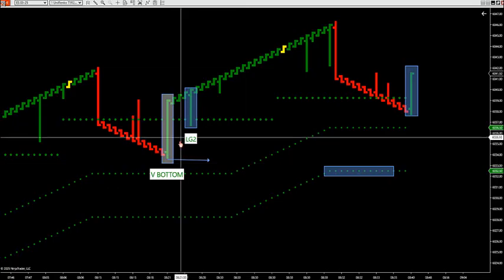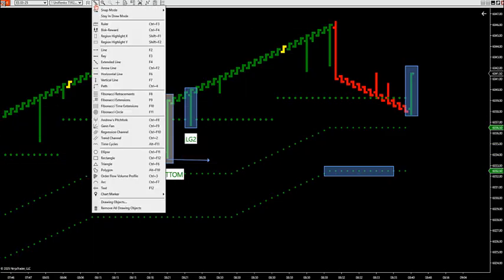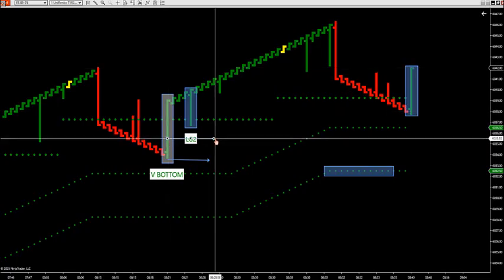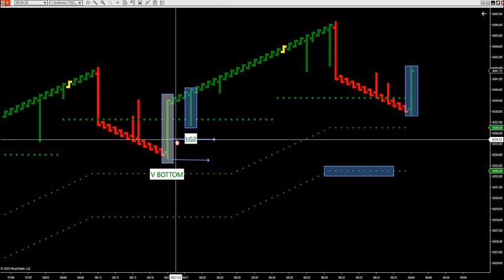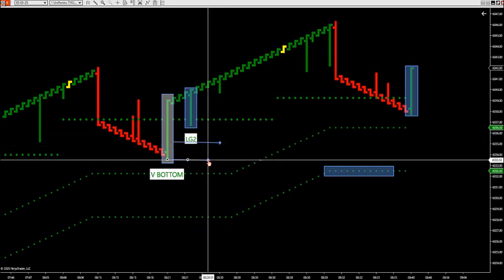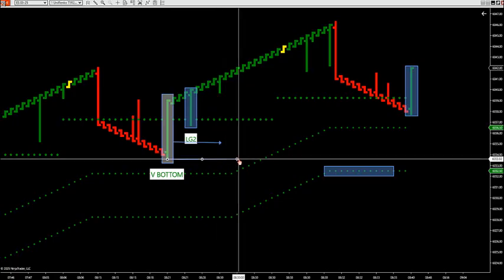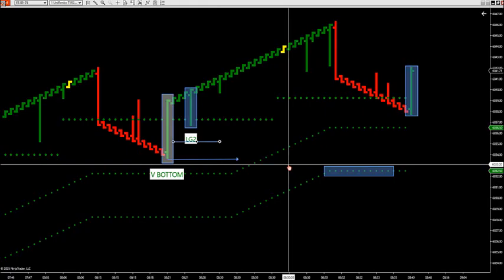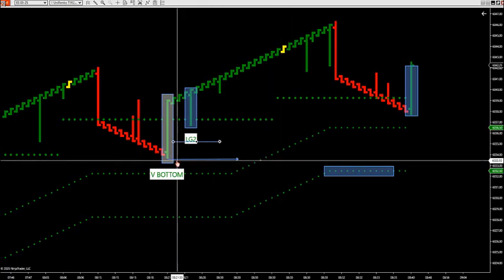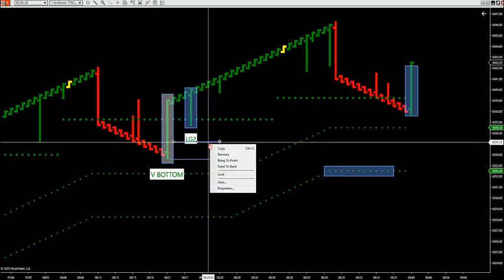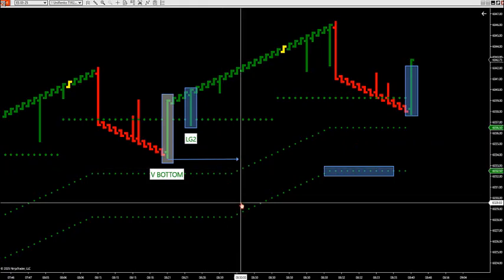What I show in the examples in the room is a 16 tick stop, which is right up here after entry. A 16 tick stop. But you can use the reversal as your ultimate stop if you want. I like a shorter stop, so 16. But as long as you hold above the low of this candle, the integrity of the trade is still valid.